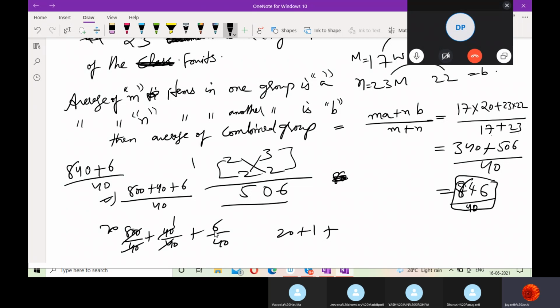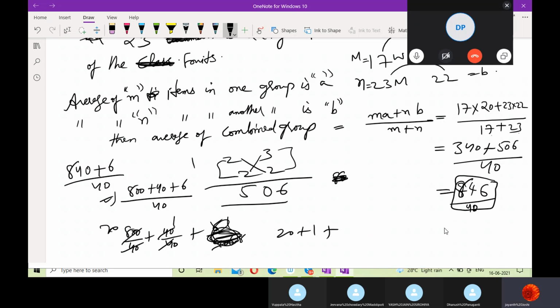So 6 by 40, what can you do? 6 6s are 36, 6 7s are 42. So this is like 6.8 something you'll get, correct?